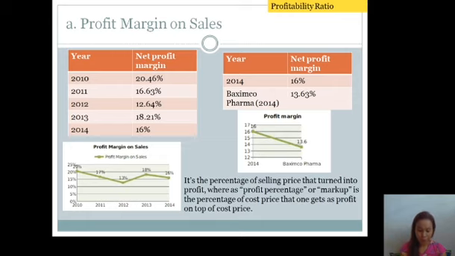Profit margin on sales is the percentage of selling price that turned into profit, whereas profit percentage or markup is the percentage of cost price that one gets as profit on top of cost price. While selling something, one should know what percentage of profit will be gotten on a particular investment.